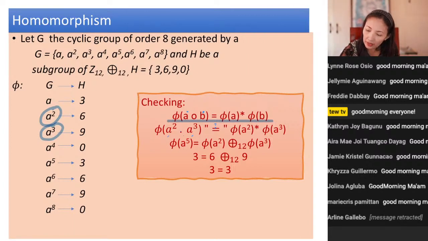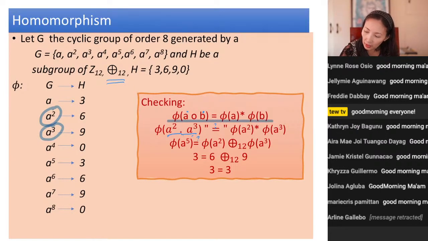Okay, let's simplify this first. A squared times A cubed is A to the fifth. Kaya, phi of A to the fifth. Is it equal to? Okay, next. Phi of A squared, but what is star? What is the operation in Z sub 12? In H, ito, very particular tayo. Addition modulo 12.